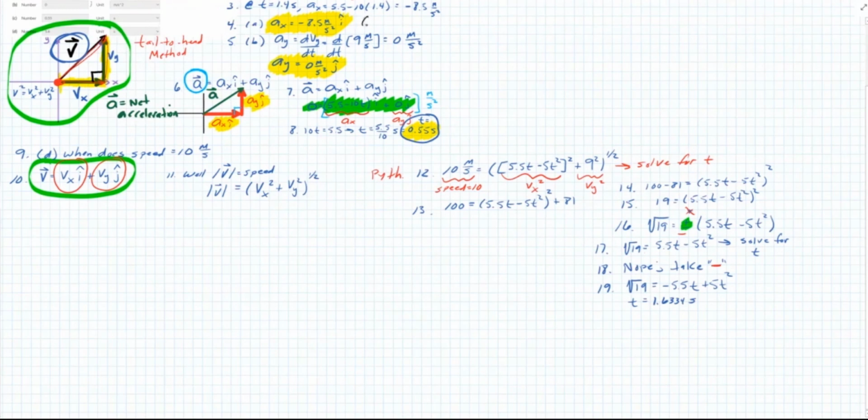So we got part A is done. Part B is done. Part C was done somewhere here. This is part C is done. And then in terms of just dense algebra, part D is done.